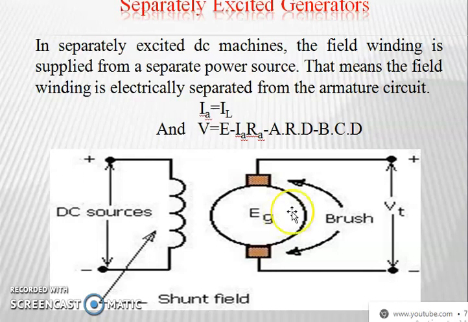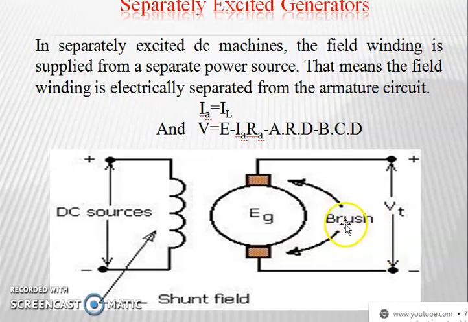When the armature is rotated by the prime mover, the armature conductors will cut the magnetic flux, then EMF will be induced. So this EMF is nothing but the generated voltage, as shown here. When load is connected across the armature terminals, the load current IL will flow through the load.